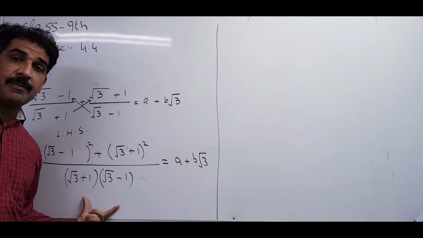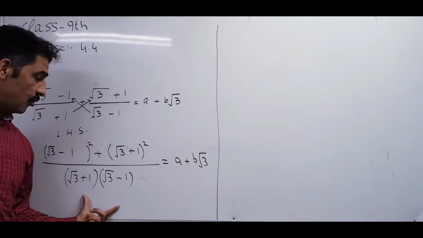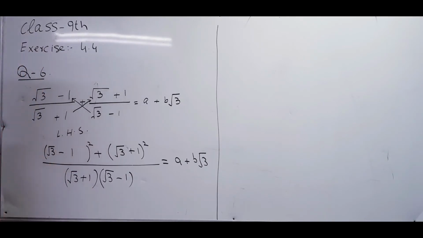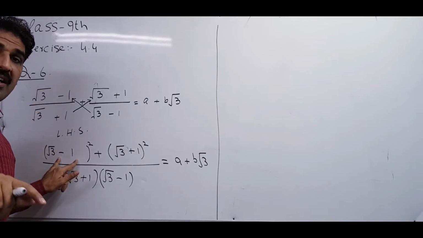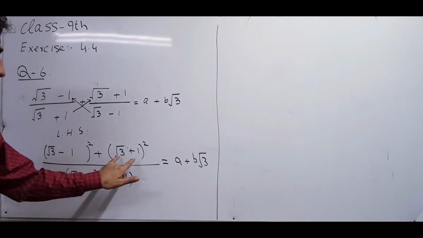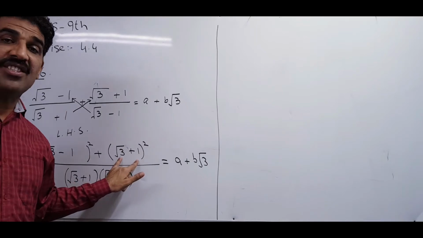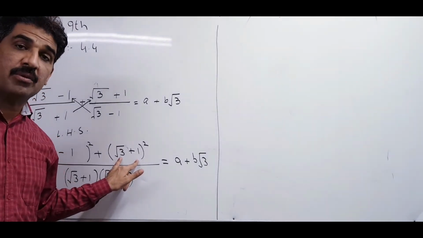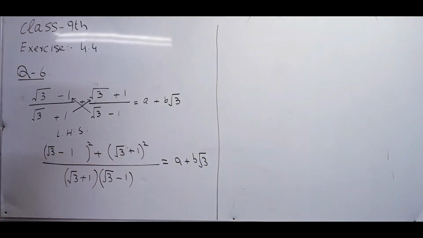Good, A plus B into A minus B, which is equal to A square minus B square. First I want to expand this, because the previous question we solved with the help of the formula A minus B whole square plus A plus B whole square, which is equal to 2 into A square plus B square. That is the result. If you want to use that result, then you can use it directly.